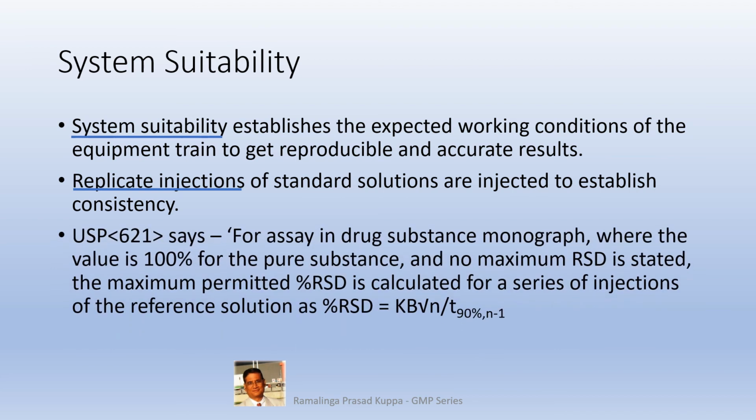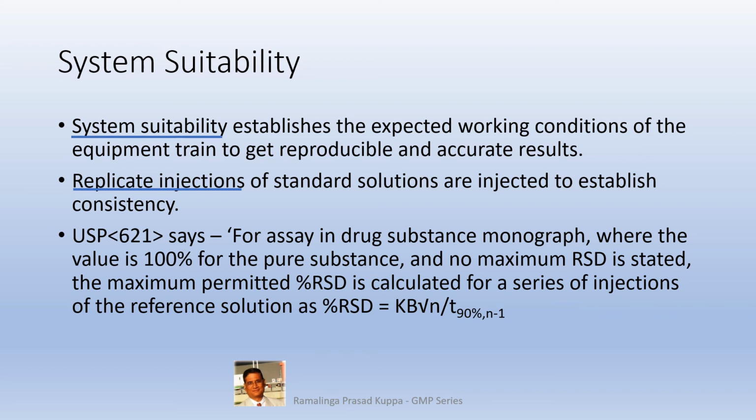USP 621 says, for assay in drug substance monograph, where the value is 100% for the pure substance and no maximum RSD is stated, the maximum permitted percent RSD is calculated for a series of injections of the reference solution as percent RSD is equal to KB root n by t90% n minus 1.